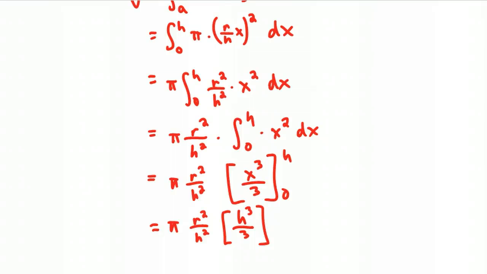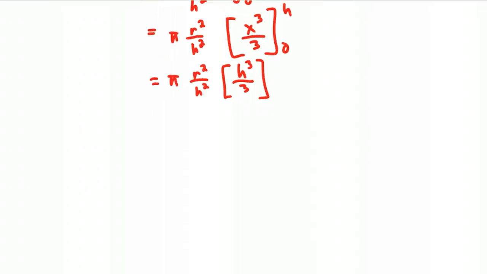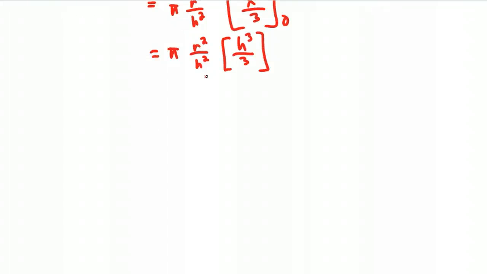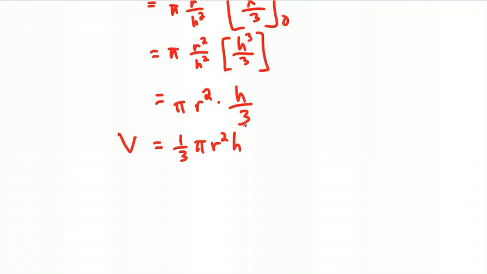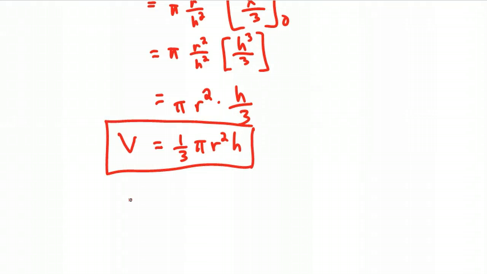Now that h cubed, two of those h's will cancel with this h squared on the bottom, and what we're left with is pi times r squared times h over 3. And notice that's exactly the formula that we were looking for, 1/3 pi r squared h. Okay, so that was the formula for the volume of a cone of radius r and height h.